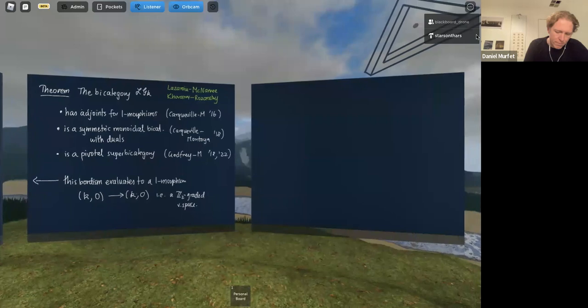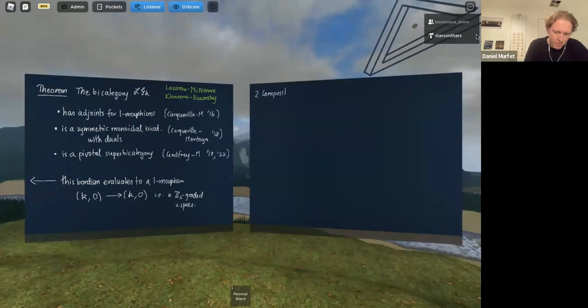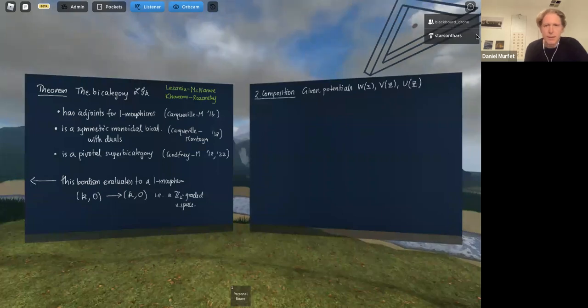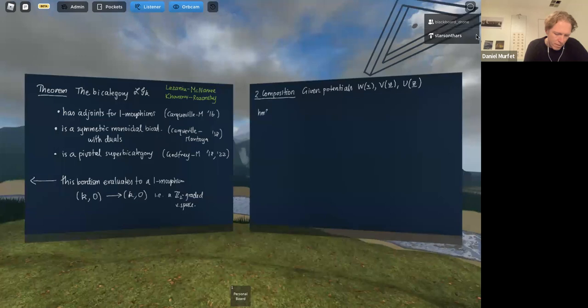Okay, so let's talk about composition. I'm going to draw a fairly large diagram here. Given potentials, W in the variables X, V in the variables Y, and U in the variables Z. Oh, maybe I'll start down here.